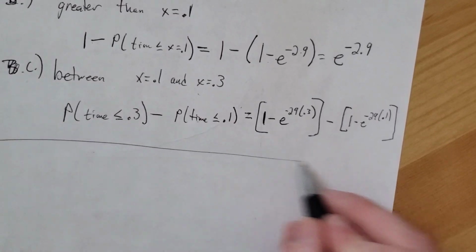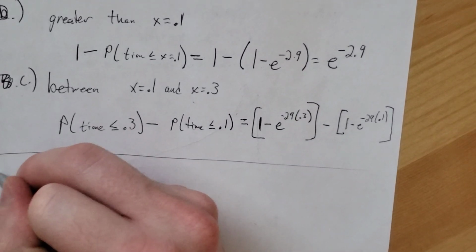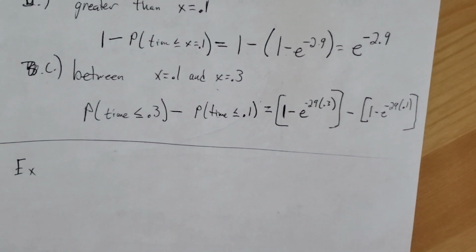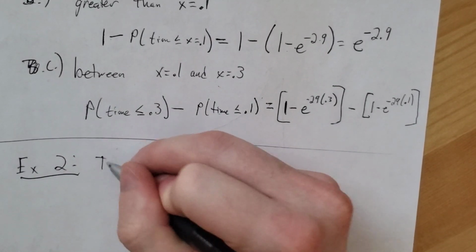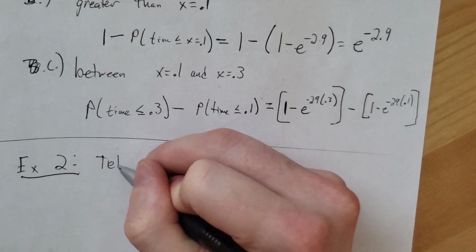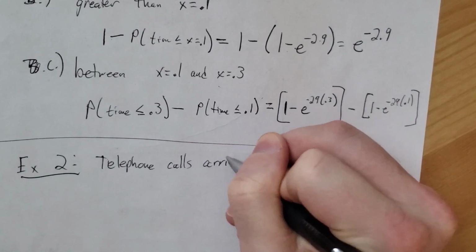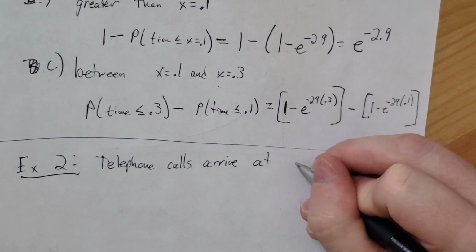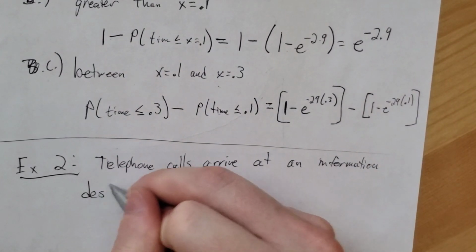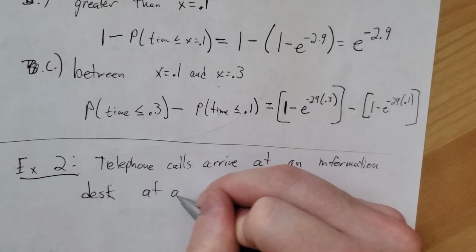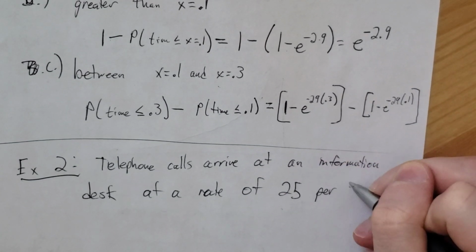We're going to do a very similar example here for the last example, but I just want to phrase this in terms of a real-world application. So let's suppose that we know telephone calls arrive at an information desk at a rate of 25 per hour.